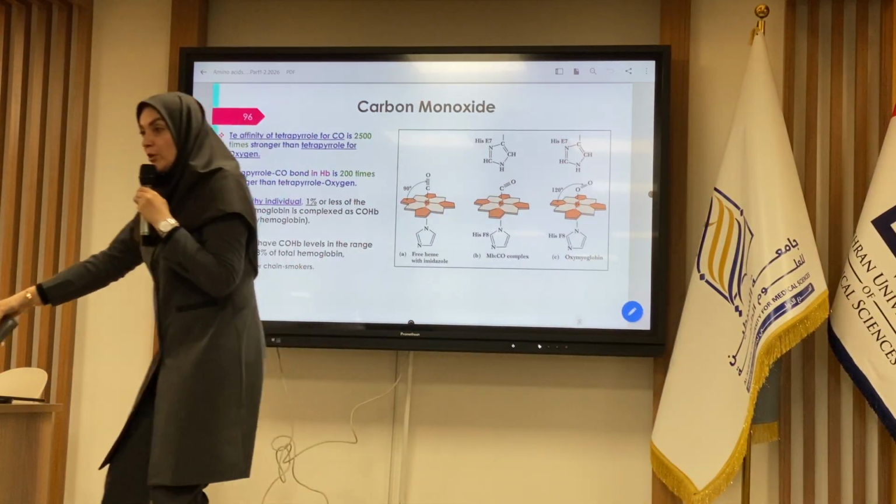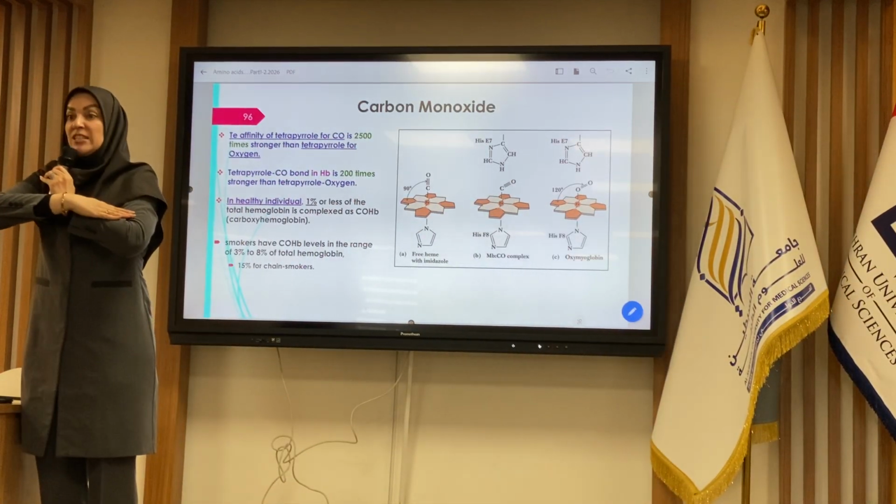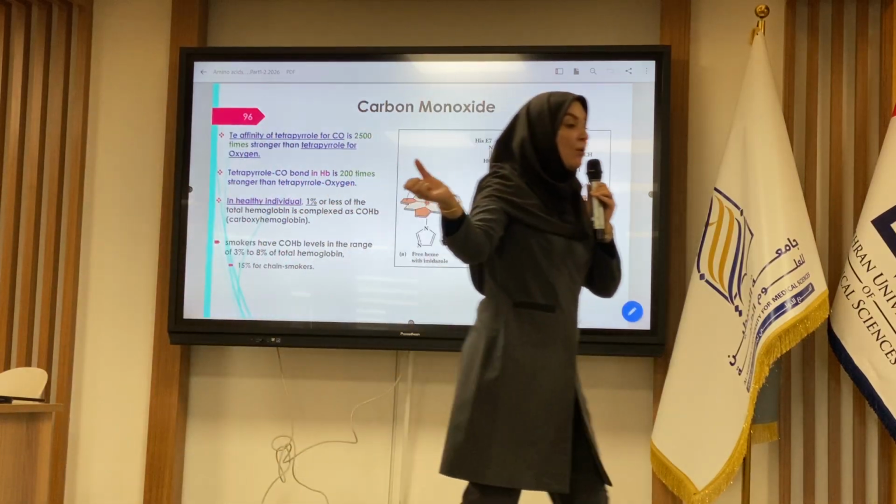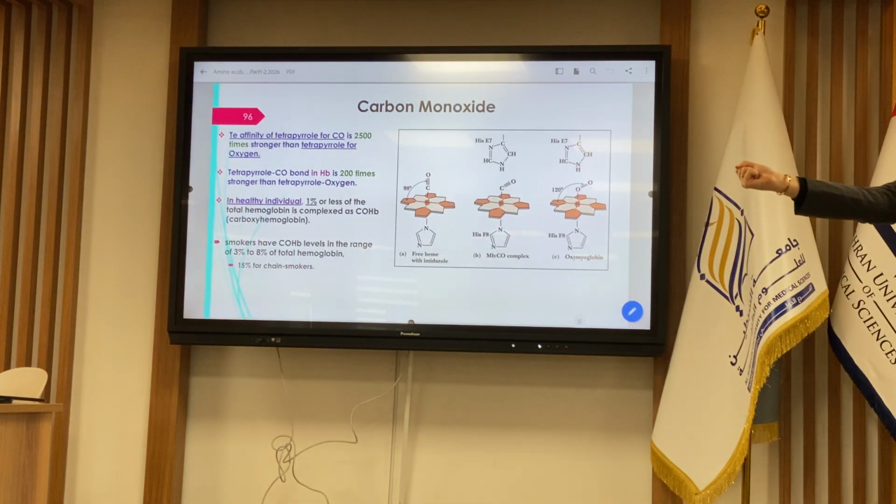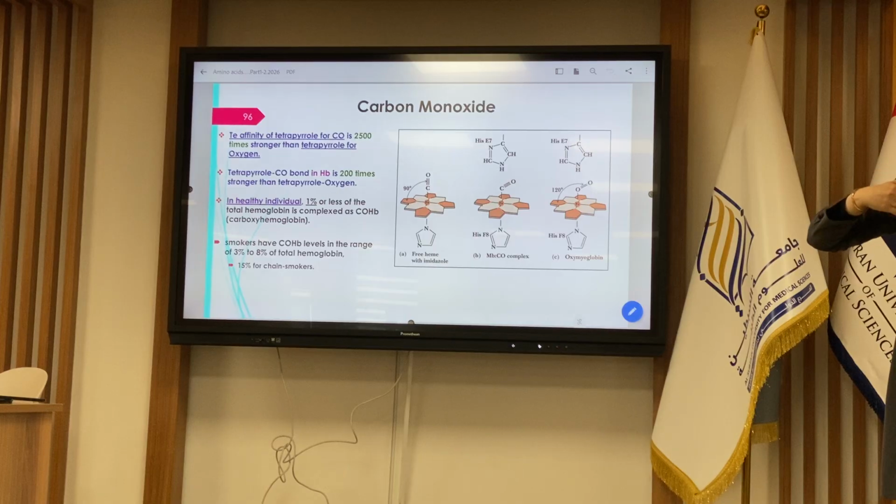CO2, which form? T4. CO, R form. Whenever you are at risk of toxic gas, I mean CO, you cannot release the oxygen. So you are near to the point where you cannot take any breath.